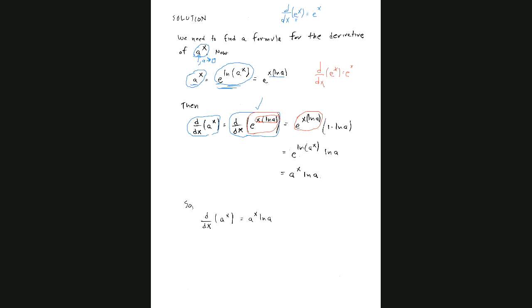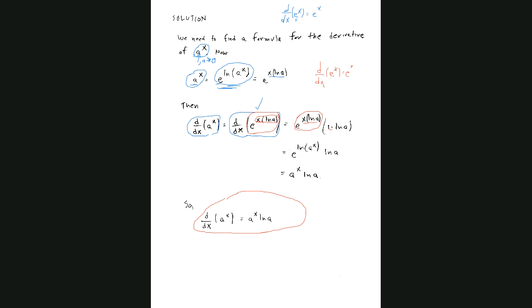So the derivative of e to the power x log a is e to the power x log of a times the derivative of the inner function. The derivative of x times the log of a would just be 1 times the log of a. And so now we have a formula for the derivative of a to the x power. The derivative of a to the x power is a to the x times the log of a.